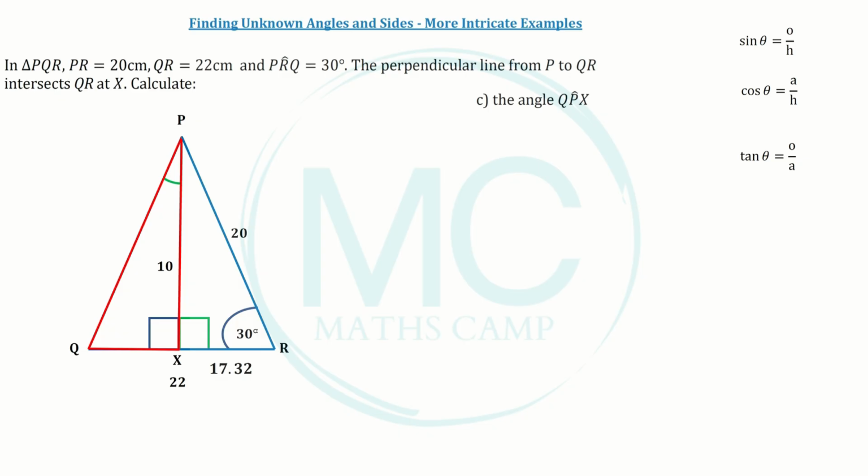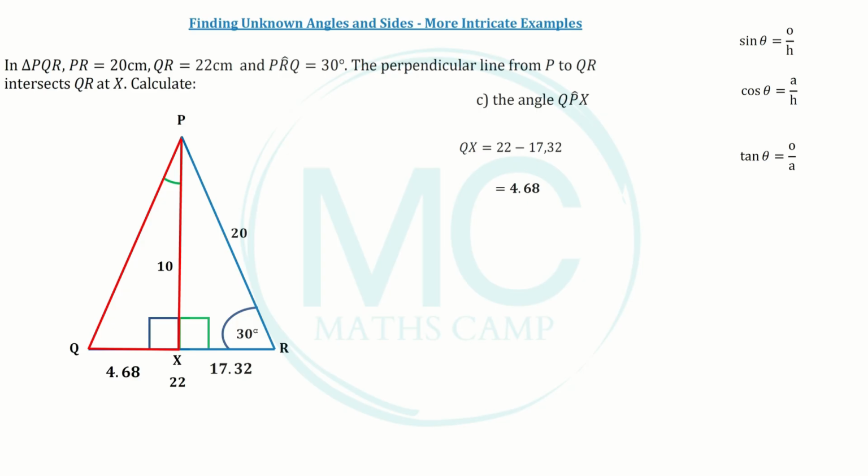So to find its length, all we have to do is take the length of QR and subtract XR. So now we can say QX is equal to the length of QR, 22 centimeters, minus the length of XR, 17,32, and we get an answer of 4,68 centimeters. And we can make a note of it on the triangle over here.